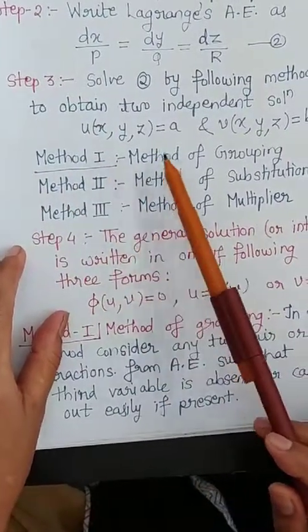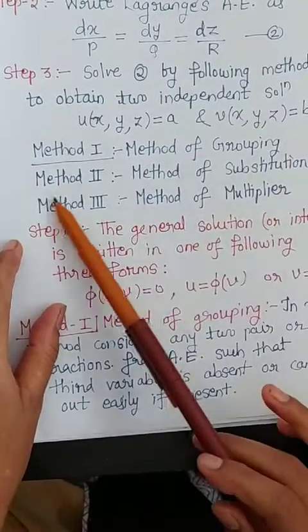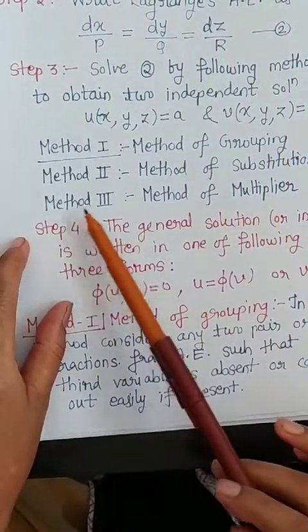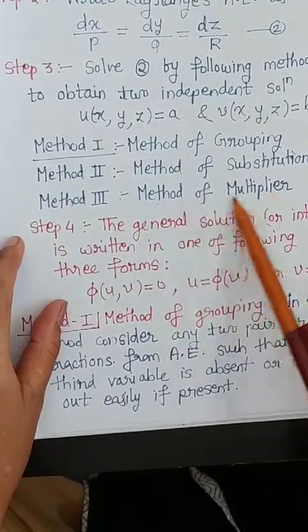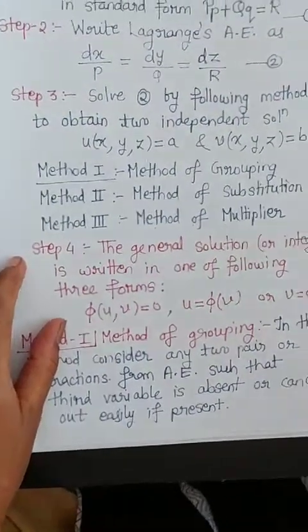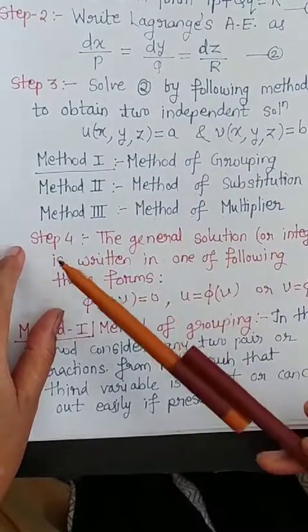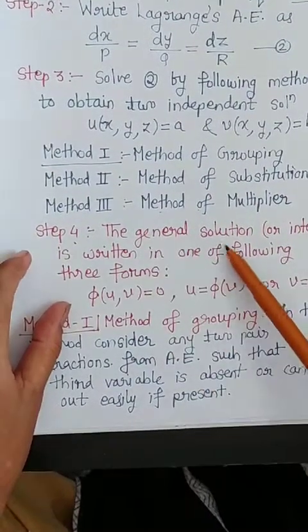The first method is the method of grouping, the second method is the method of substitution, and the third method is the method of multipliers.